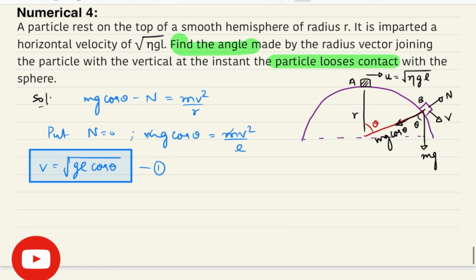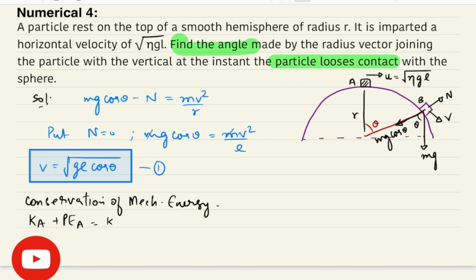Now our second equation comes from the conservation of energy. Let's apply conservation of mechanical energy. Kinetic energy at A plus potential energy at A equals kinetic energy at B plus potential energy at B. Here our reference level is this, where the potential energy is assumed to be 0.